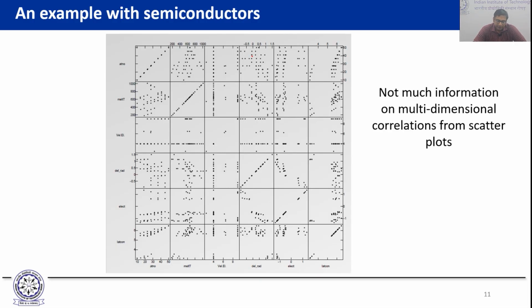Now, if you look at the plot of the features with respect to each other, you don't necessarily see a lot of information in these pair plots. Obviously, the features are correlated with themselves, and therefore you have a perfect relation along the diagonals, which is what we had seen earlier as well.